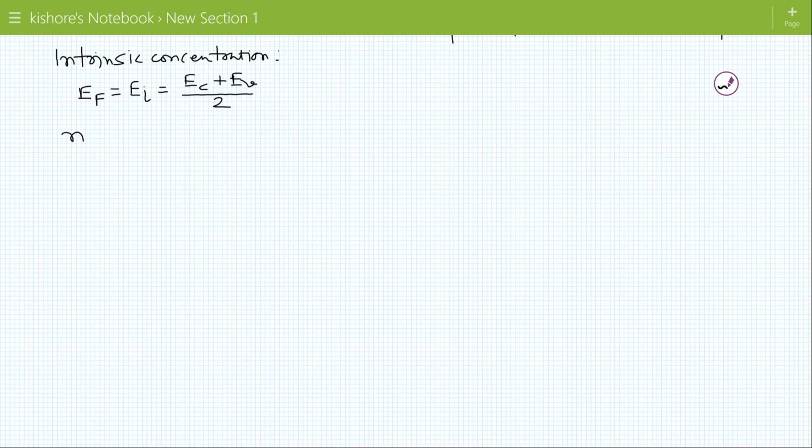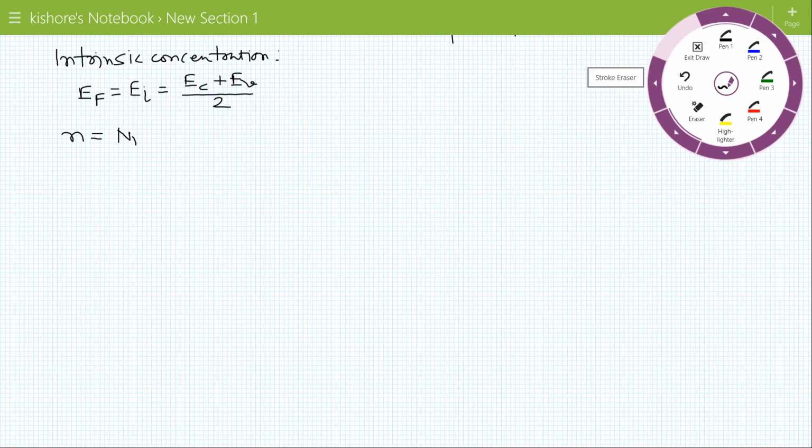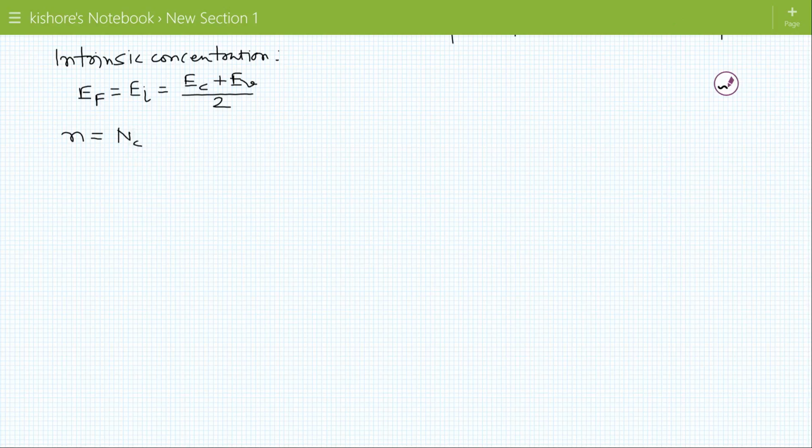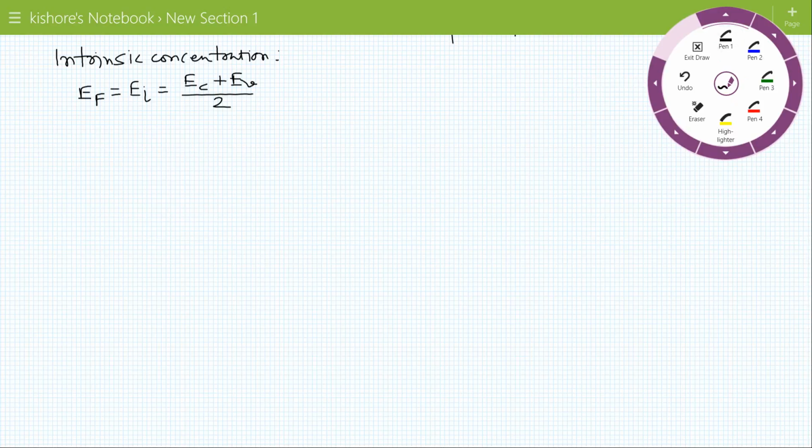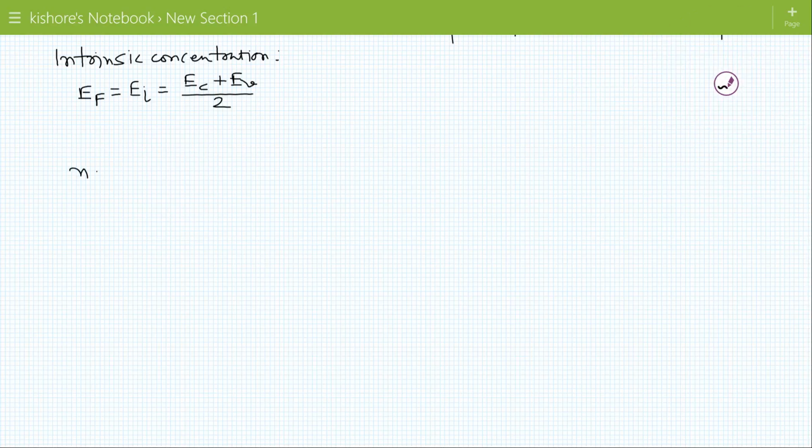As we know, the concentration of electrons in the conduction band n is Nc e to the power minus (Ec minus Ef) by kT.